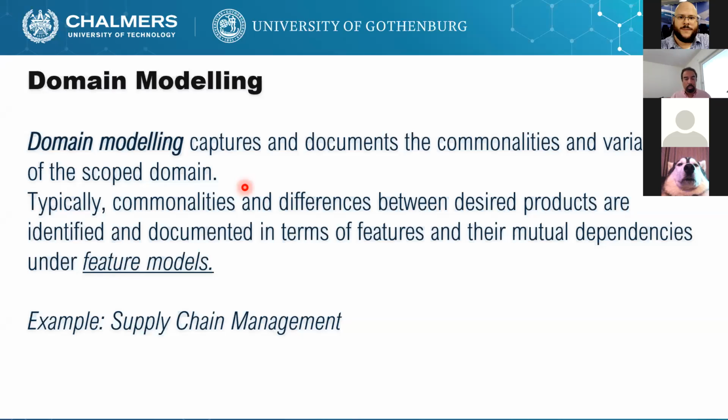Then the company that's developing a product line for supply chain would be able to produce different products for different industries and use the feature model to do variations and customize their software to fit a certain customer. Usually they would fit a group of customers, and then there will be very little tweaking and implementation customization for each customer.